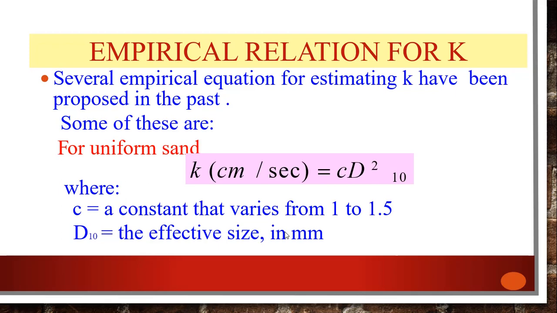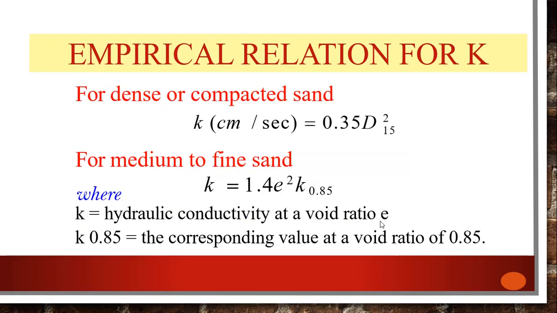So basically we have some empirical relations for calculating the permeability of a soil. Several empirical equations for estimating the value of K, that is the permeability of a soil, have been proposed. If the sand is uniform in nature, the permeability in centimeter per second is calculated as C into D10 square, where D10 is the effective diameter in mm, and C is a constant that varies from 1 to 1.5.